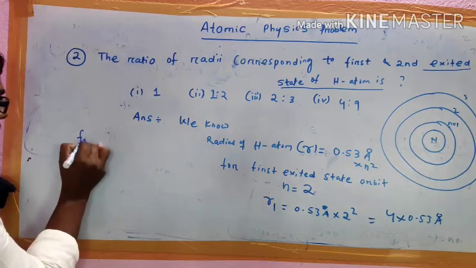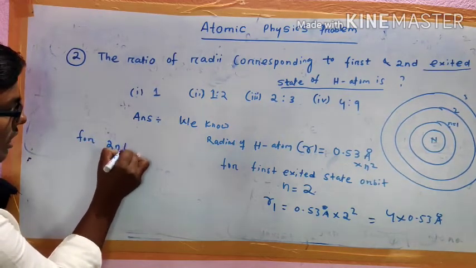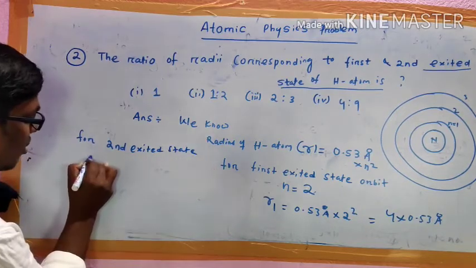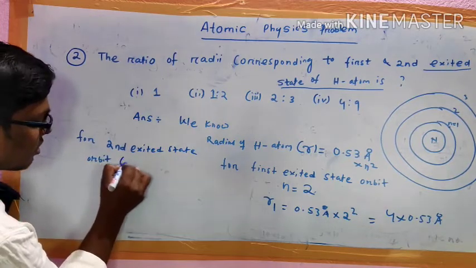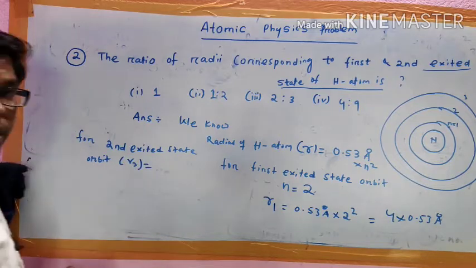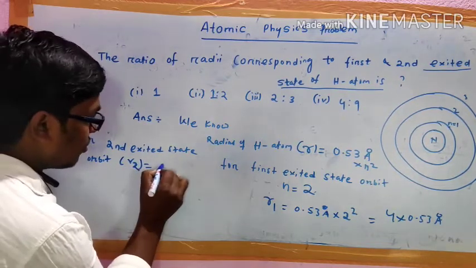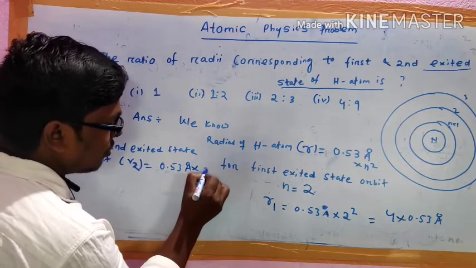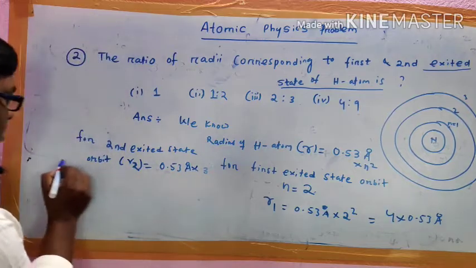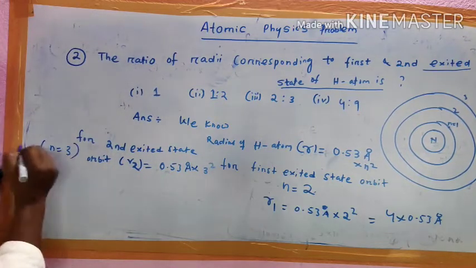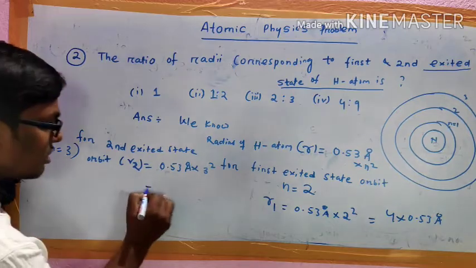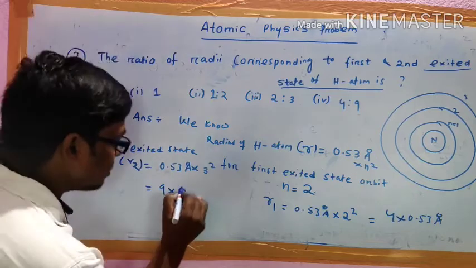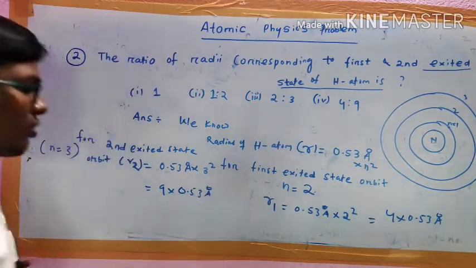Similarly, for the second excited state orbit, R2 is equal to 0.53 Armstrong into 3 square, because here n is equal to 3. So this becomes 9 into 0.53 Armstrong.